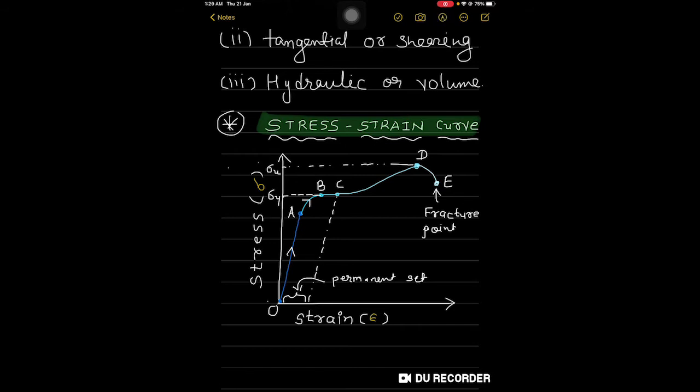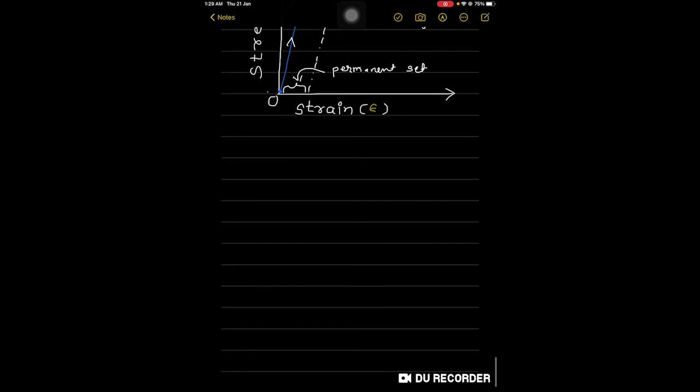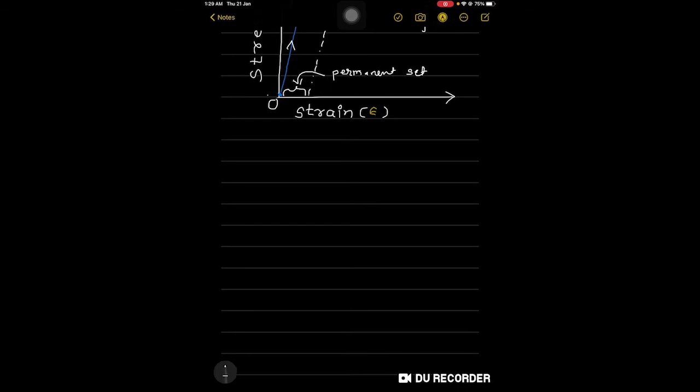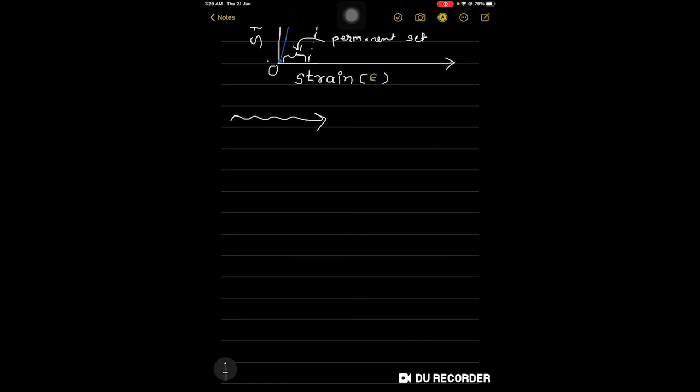Now another type of graph is also observed for stress and strain, so we will discuss that graph also. It is called hysteresis, and I would like to explain it. In this case, the stress and strain have a totally different nature.